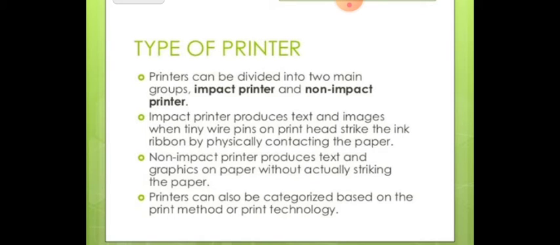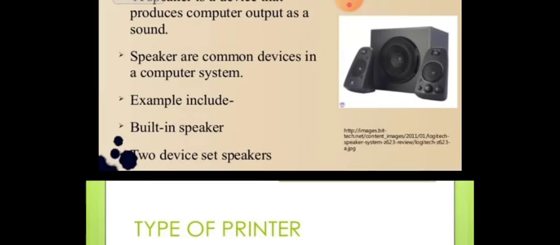But the example of non-impact printer is laser printer. It works based on laser technology, and impact printer works on drum technology. Like you are writing on a paper, the same way a printer has a pin or something like a wire that actually touches the paper and then writes on it.